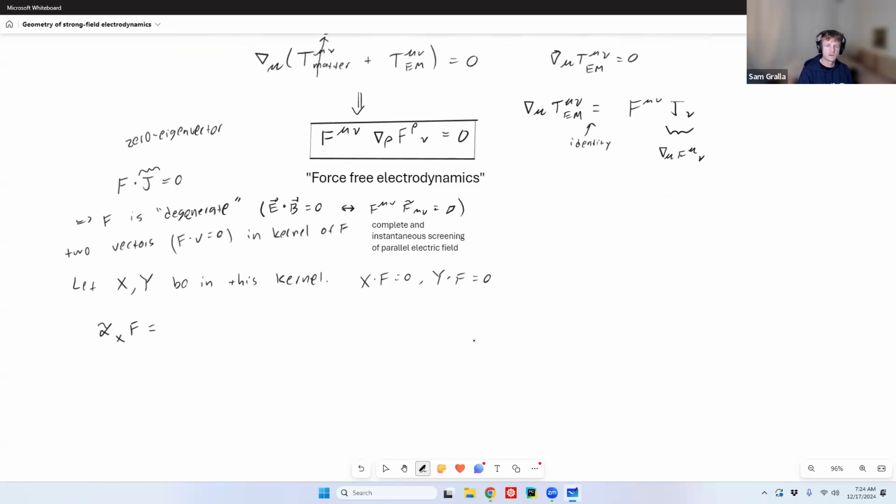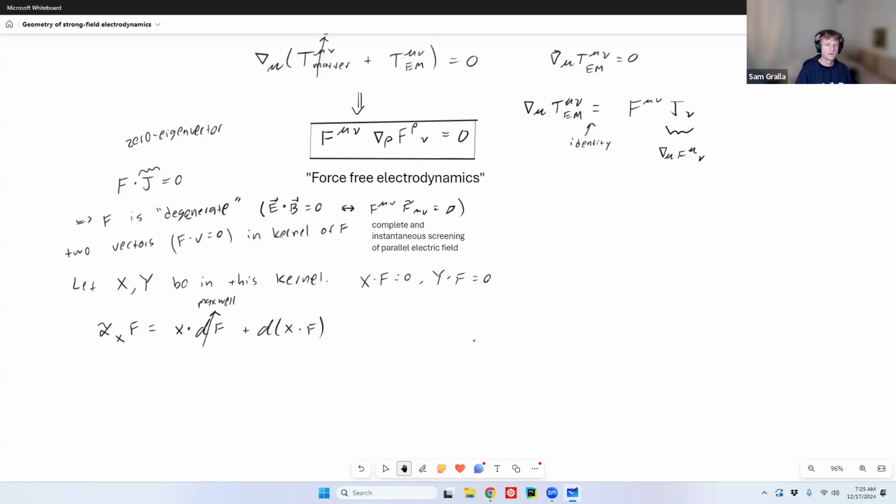So F is an antisymmetric rank 2 tensor. It's a differential form. So we can take the Lie derivative of F and use Cartan's magic formula to write it as one term is X dot dF, and the next term is d of X dot F. That's Cartan's formula. And if you remember your Maxwell equations, this thing here, dF, is just the no monopoles Maxwell equation.